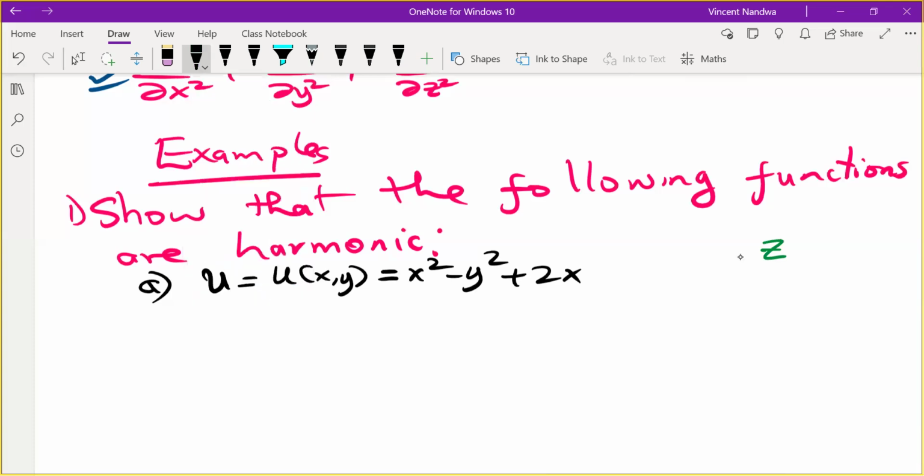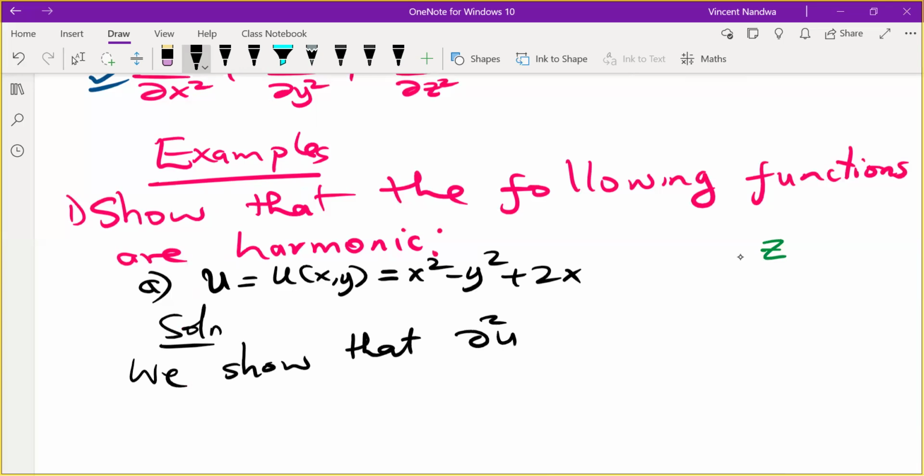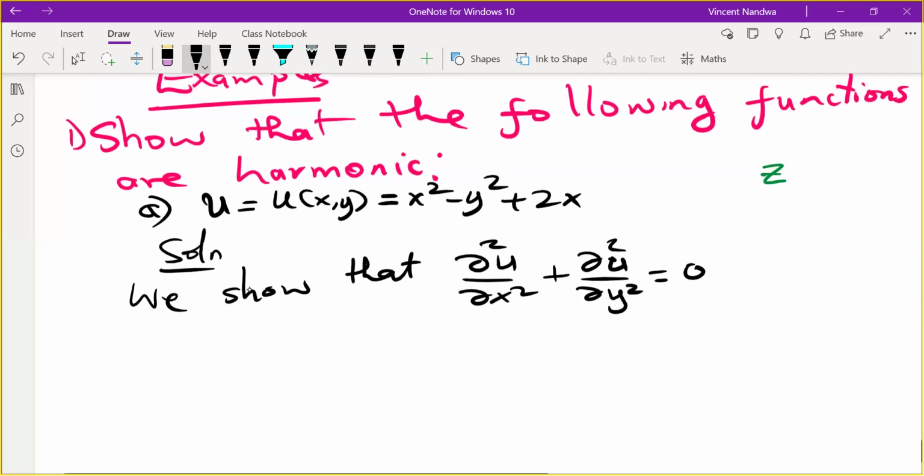So now we show, solution, that partial squared u, partial x squared plus partial squared u, partial y squared equals 0. This is actually what we call the Laplace equation, and the function here is u.